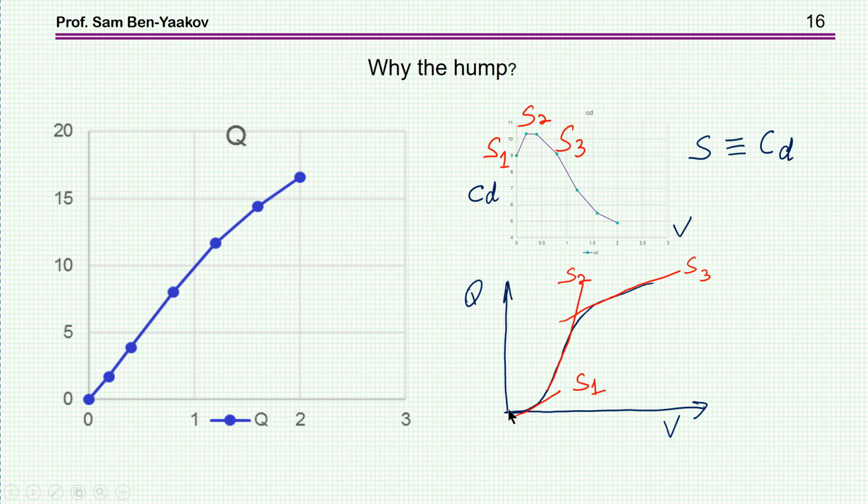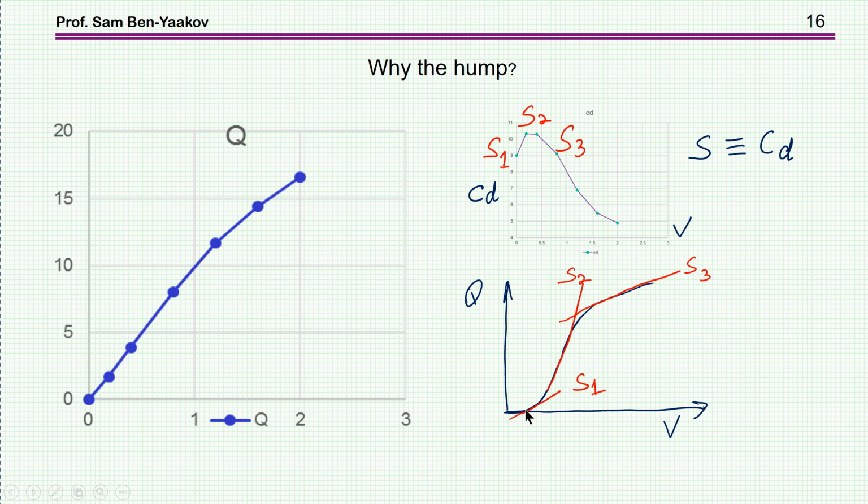Now, why is this behavior? Well, the intuitive explanation is that the ferroelectric domains, the dielectric domains, are sort of lazy, and it needs some voltage to get them going, to move them, sort of overcome the friction, you might say, and then you start to get the effect of capacitance.